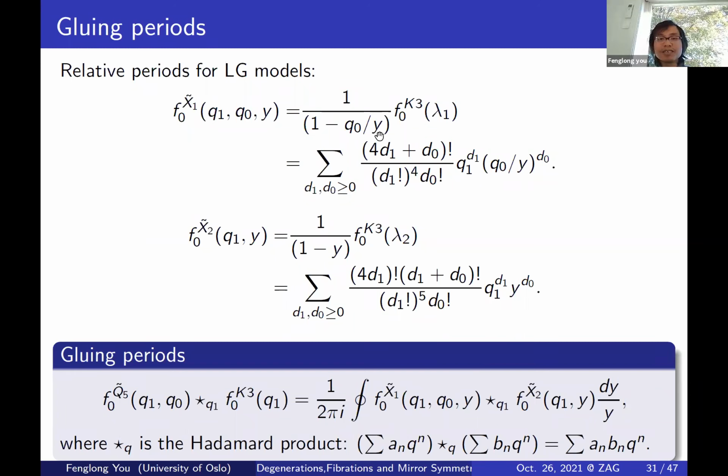In here, you can think about y as the base parameter for the Landau-Ginzburg model of X2 tilde, and 1 over y as the base parameter for the Landau-Ginzburg model of X1 tilde, and integrate them out, then we get this exterior period for this Calabi-Yau threefold.